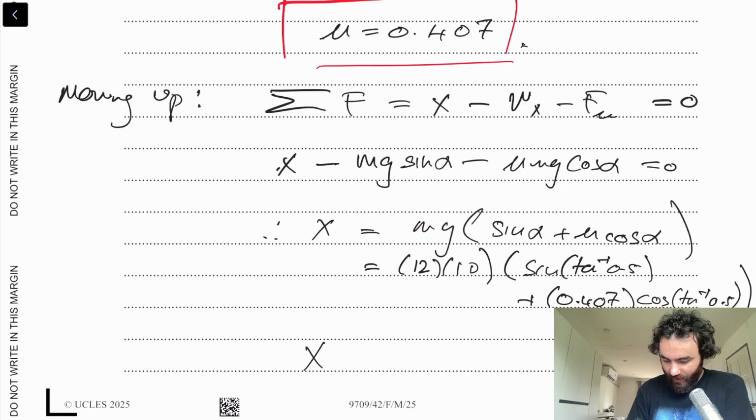Okay, and that will give us an x value. Times answer, plus sine of shift tan 0.5, times 120.